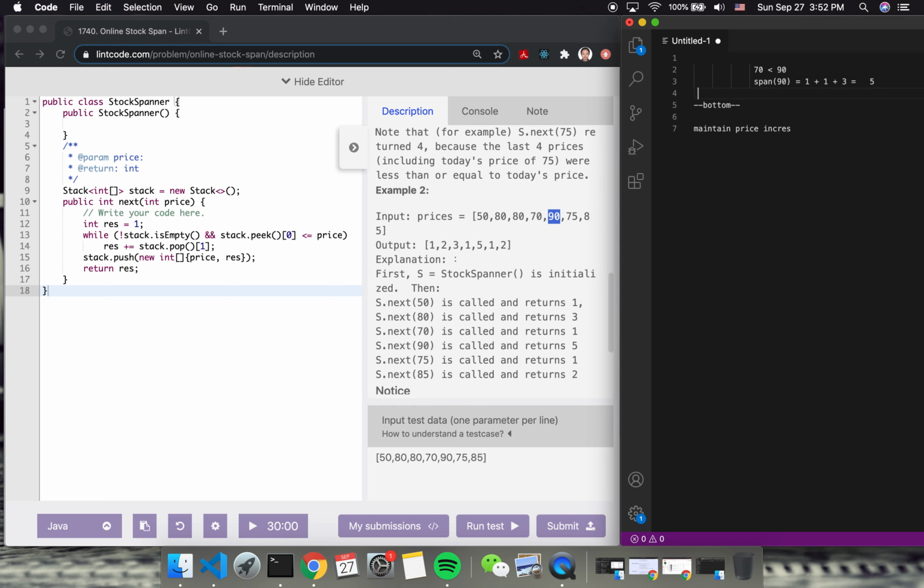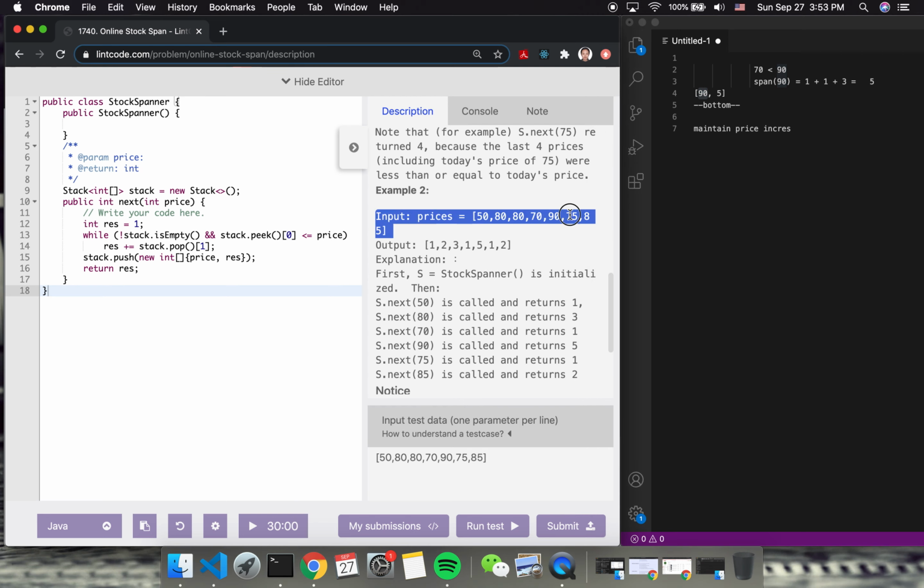And after we get 5, we have to push the price and the span into the stack. So what this means is there are 5 consecutive numbers that are smaller than the price of 90.